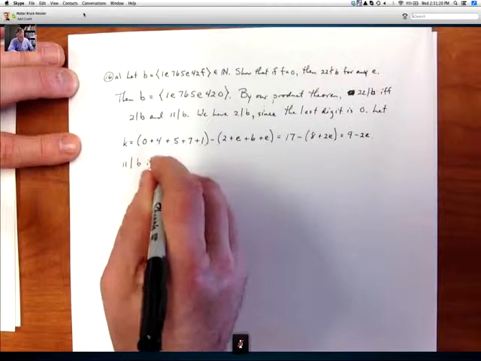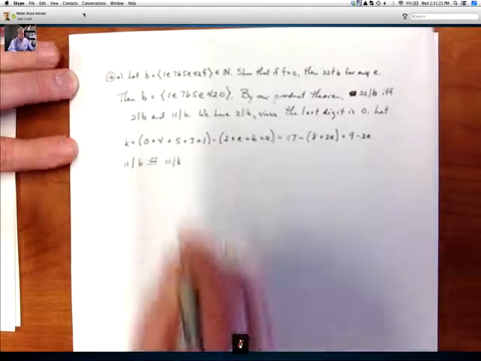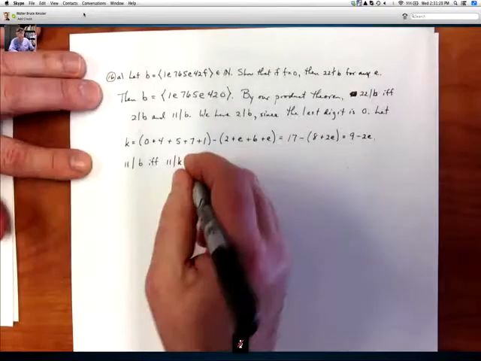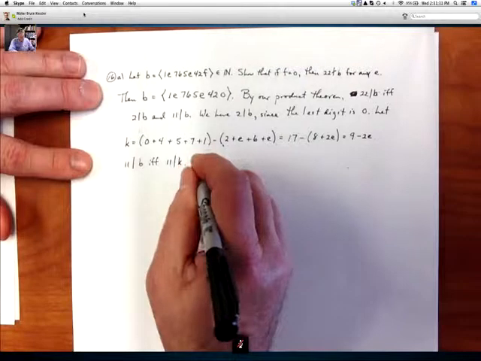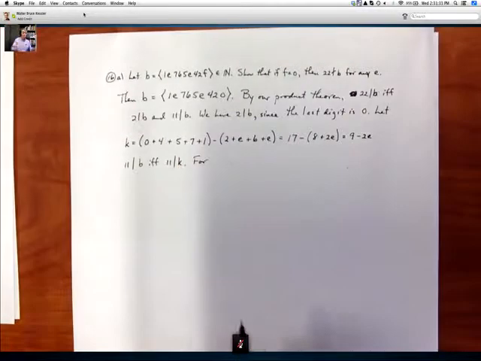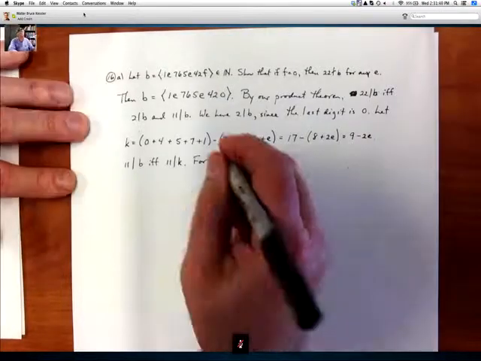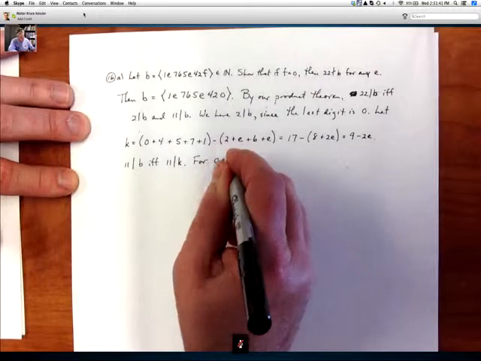11 will divide B if and only if 11 divides K. That's the divisibility theorem, or the divisibility test for 11. And this, I'm going to give this line to Matthew Riggle, who pointed this out.